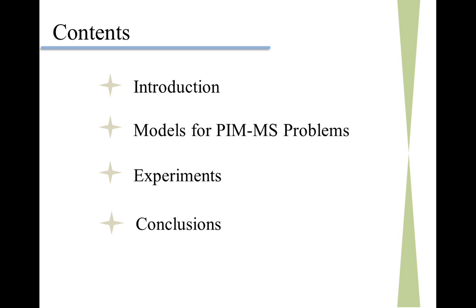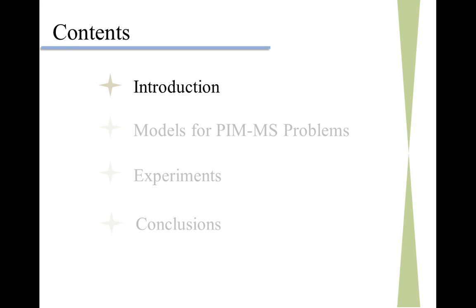The first part, Introduction, which deals with the background and topic. The second part relates to models for PIM-MS problems. The third part concerns experiments, and the last part gives the conclusions.